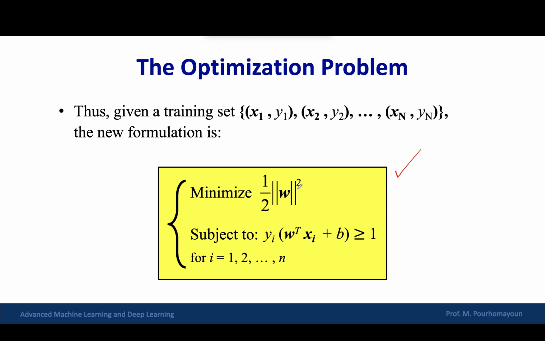It's a convex optimization problem subject to some conditions, and this is definitely we can solve it and find the minimum of that. It guarantees, because as I mentioned, it's convex, it has a global minimum, we can find it.